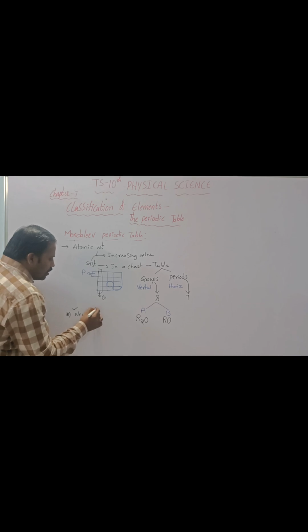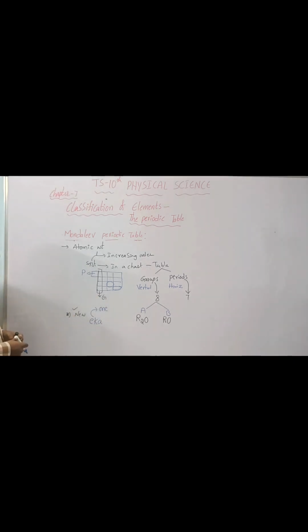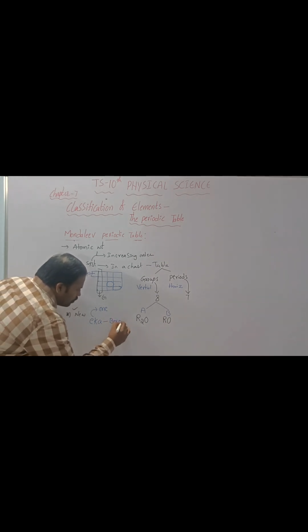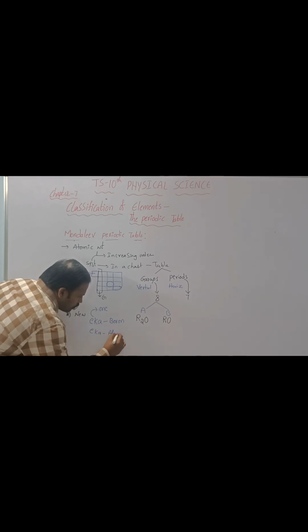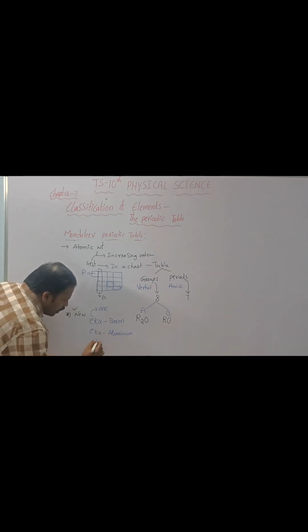Eka is a Sanskrit word meaning one. So he gave the names eka boron, eka aluminium, eka silicon.